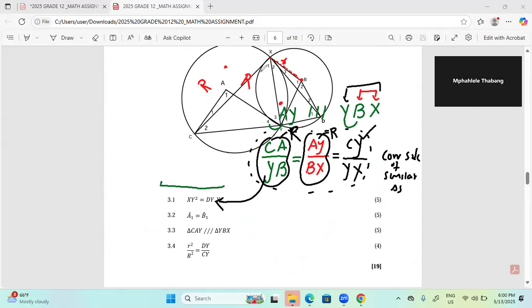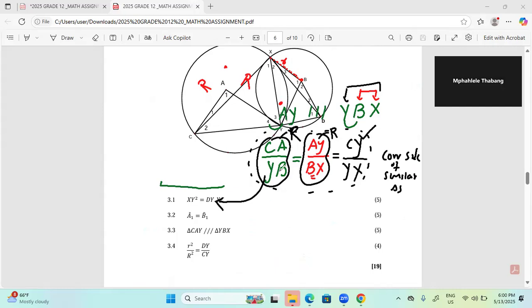So I need this BX because it will give me the radius of the smaller circle. So let me pick, okay, can I pick them both?